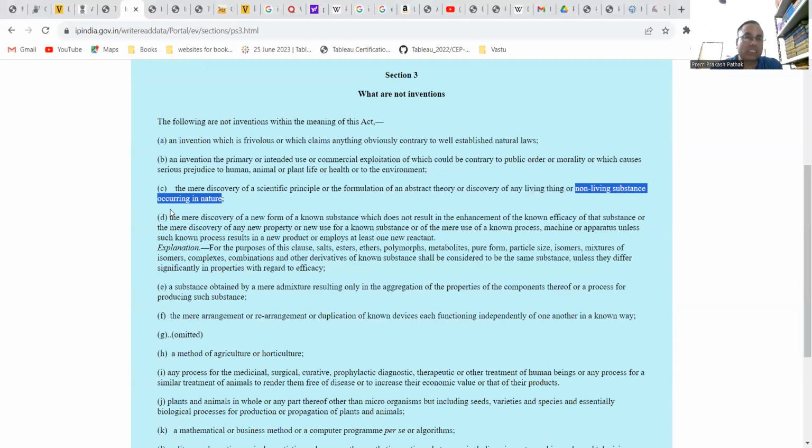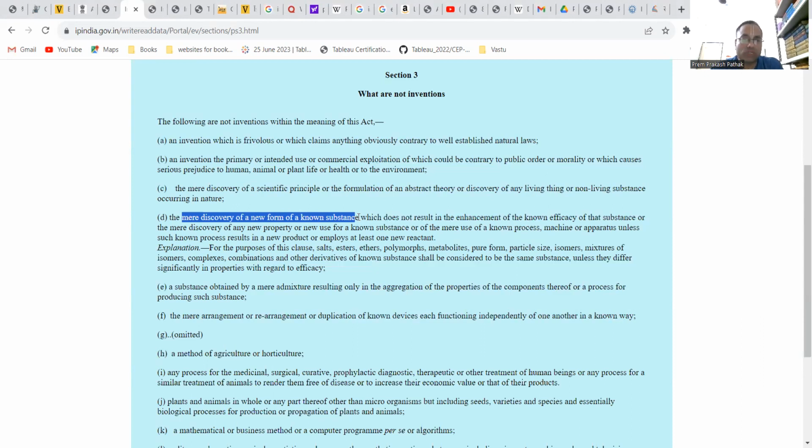And section 3D. Section 3D says that mere discovery of a new form, just remember these few words, mere discovery. So this is just a discovery of a new form of a known substance.